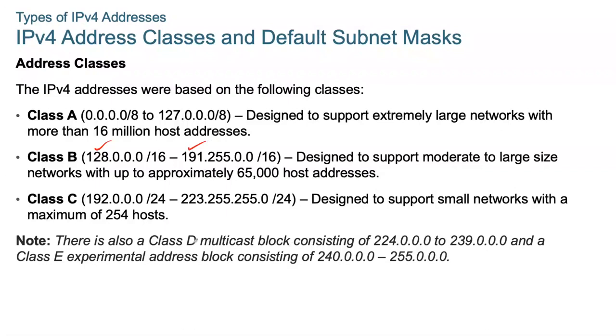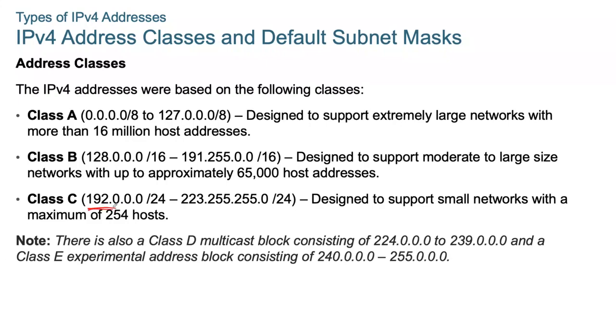Okay. And class C network address uses 3 bytes for your network address purpose and 1 byte for your host address. Okay. So those 3 bytes are used. So you can see this.